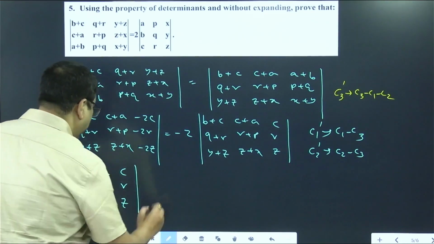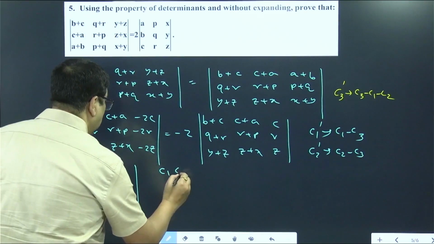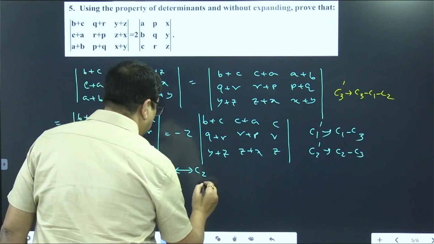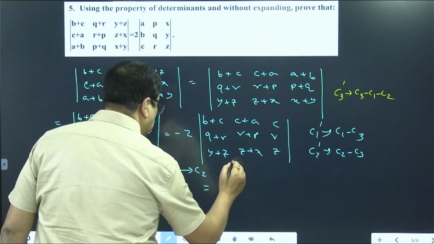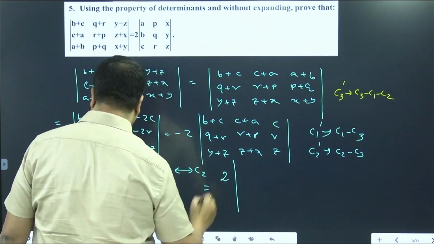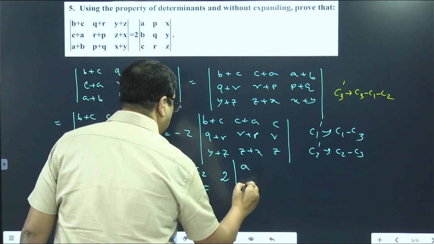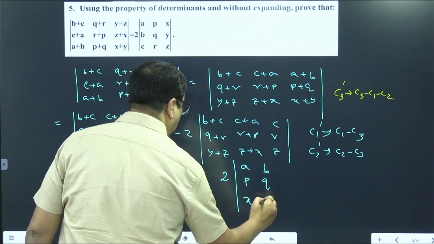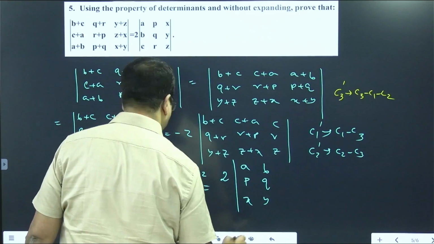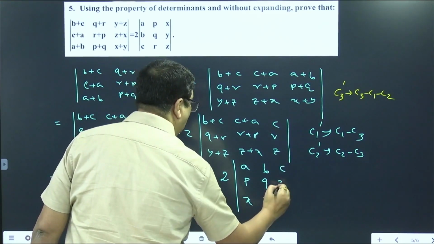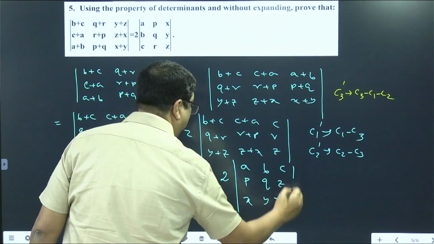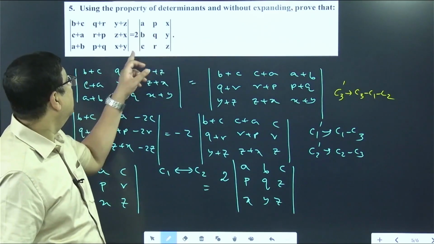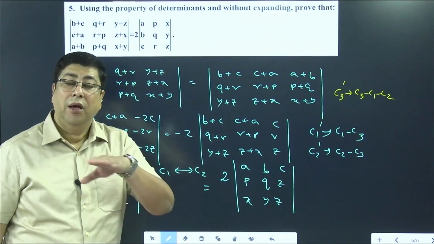Therefore, if we interchange C1 and C2, then minus is absorbed, this is coming to be 2 into apx, bqy and crz. But we are seeing that apx, bqy, crz, they are row wise.